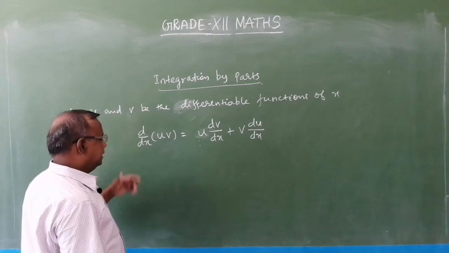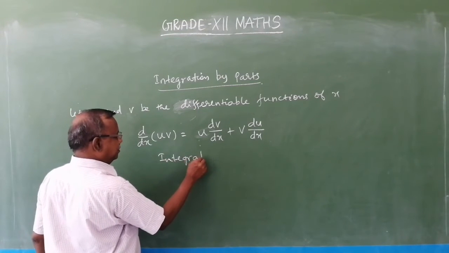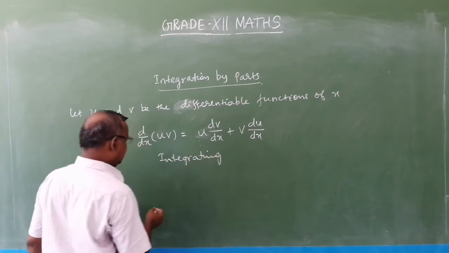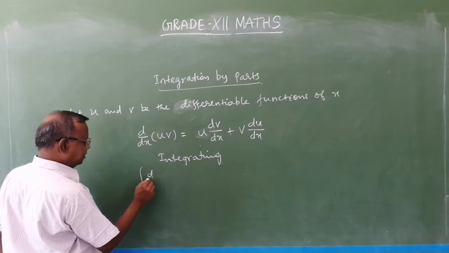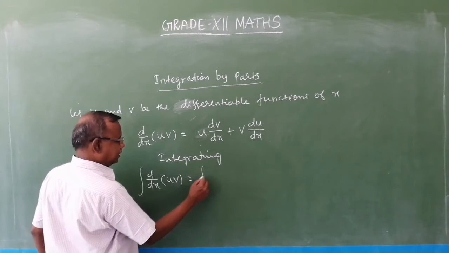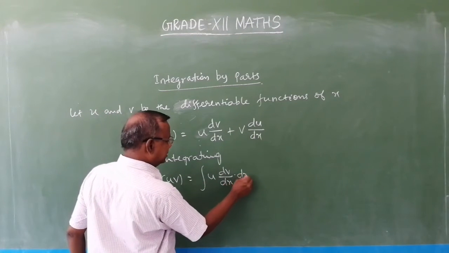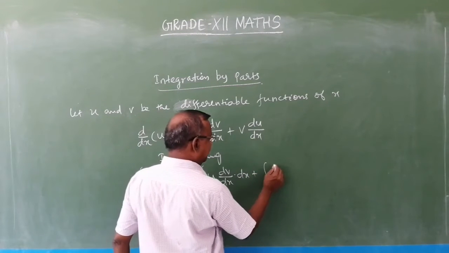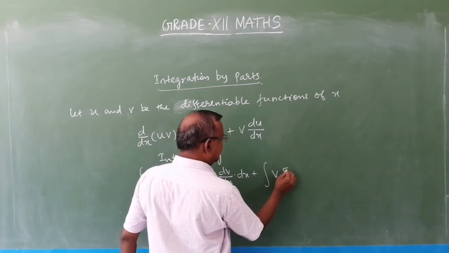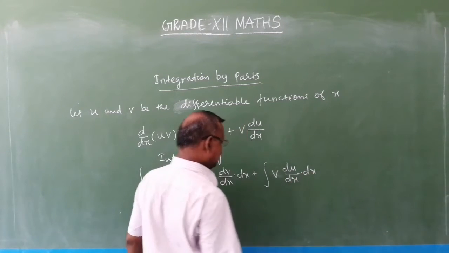Now, integrating on both sides, we have the integral of d by dx of uv equals the integral of u into dv by dx with respect to x, plus the integral of v into du by dx with respect to x.